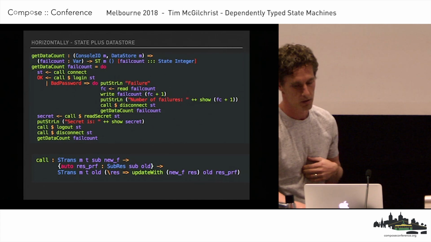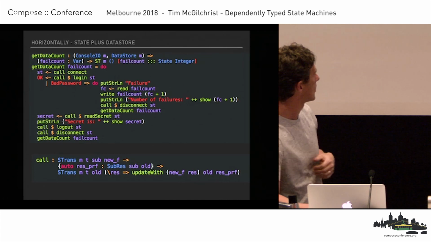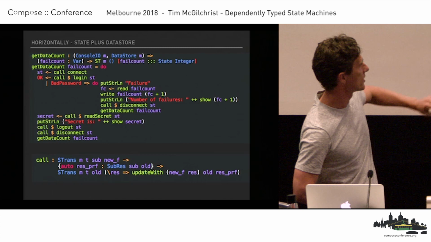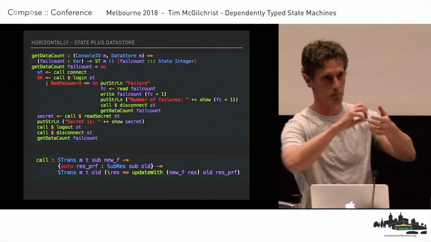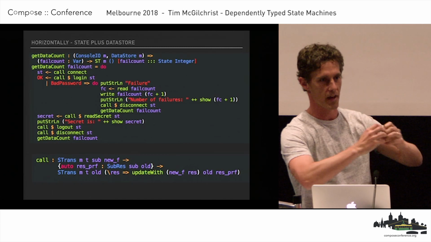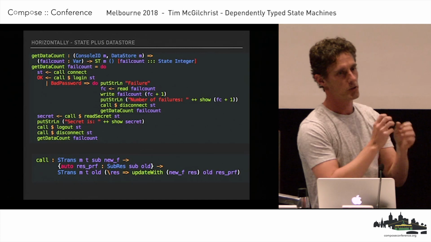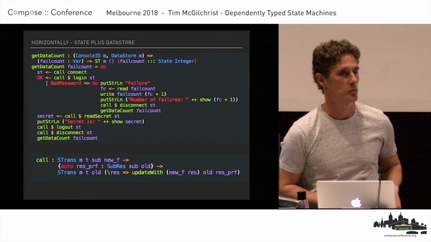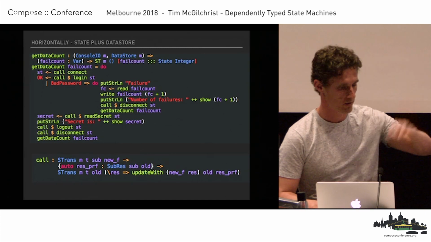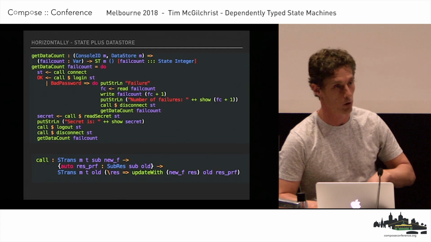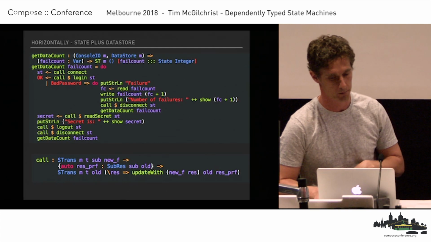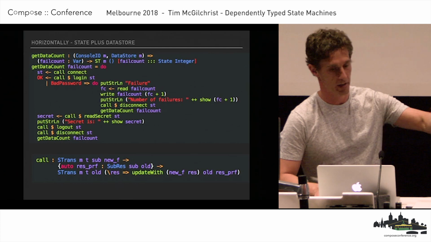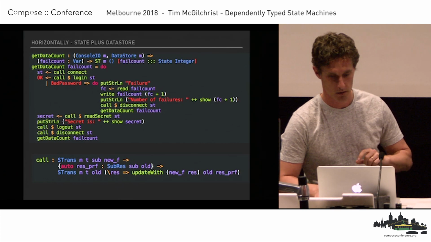And this is the somewhat complicated function here, but this is basically just saying it takes a subset of the resources that function needs, applies the function, and then rebuilds the resources afterwards. But if you rewrite that with the implicit calls, it will get rid of all of that. So that's one way of combining two different states together.